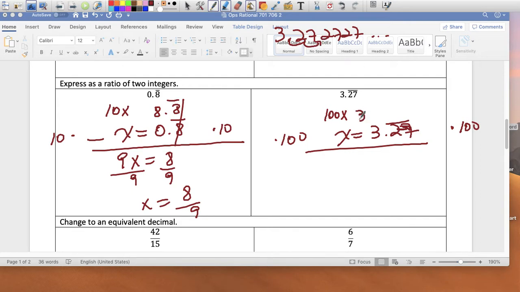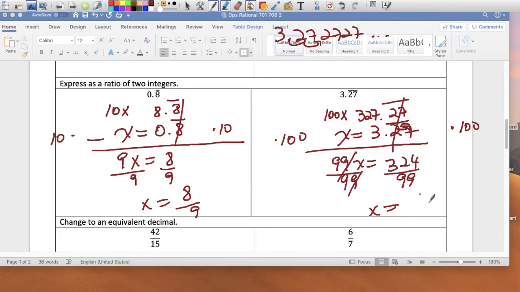So this becomes 327.27 bar notation. We can subtract: 100x minus x is 99x. These two become 0, and 327 minus 3 is 324. And divide by 99. x equals 324 over 99.